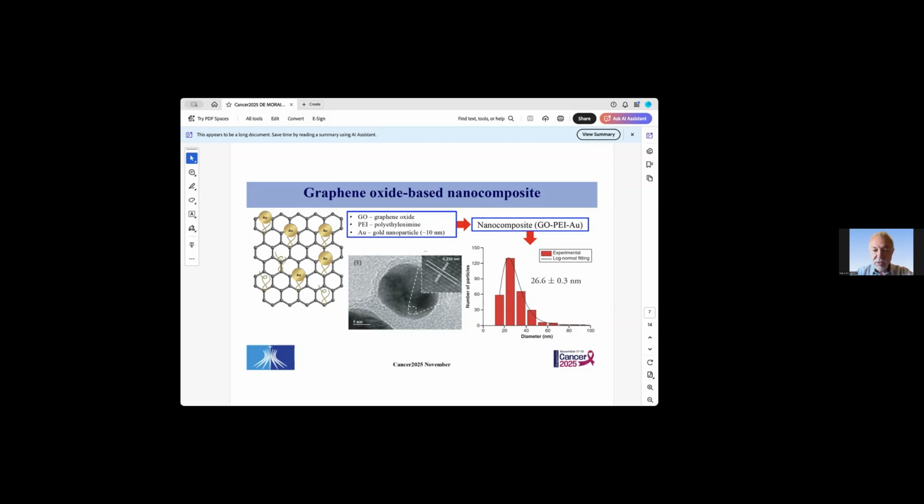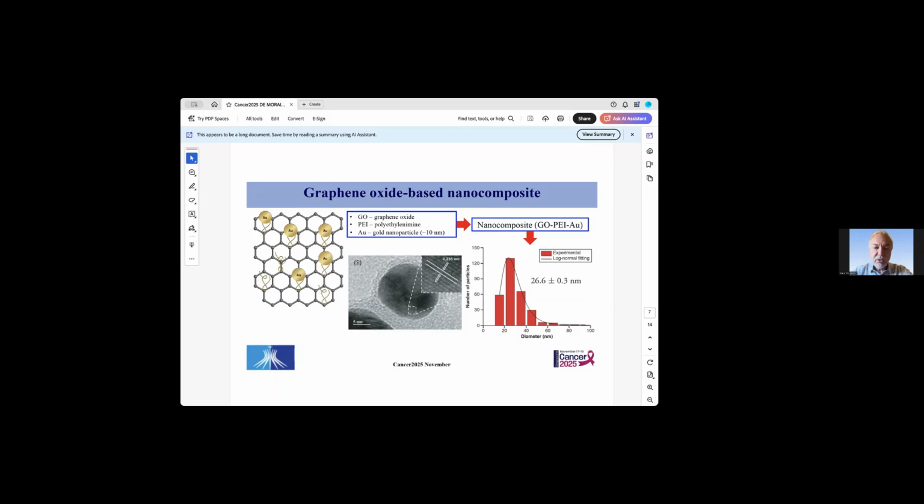And of course, we performed all kinds of characterization of all these materials, not only of the nanocomposite, but also of the polymer and the gold nanoparticles.